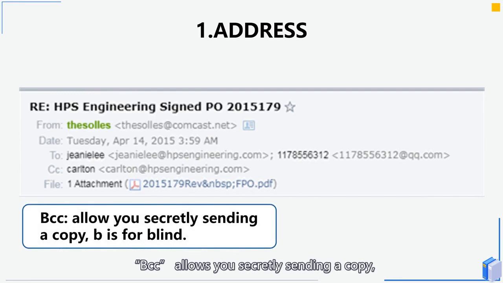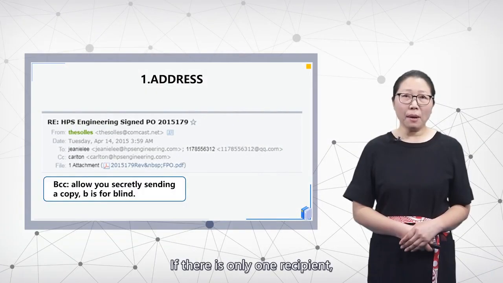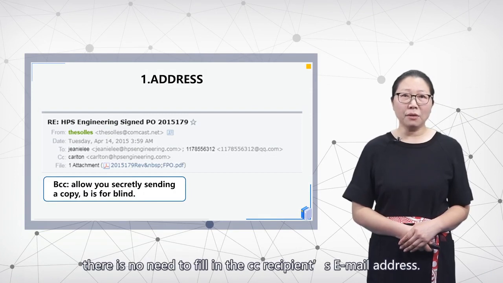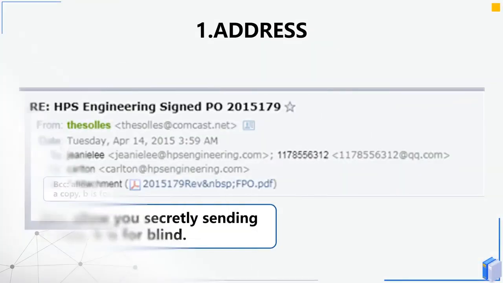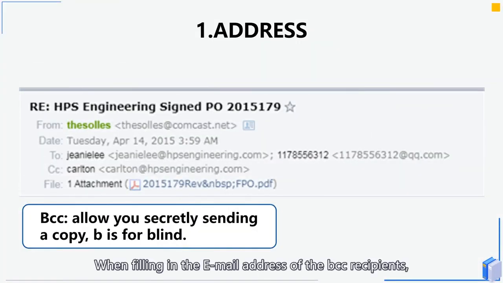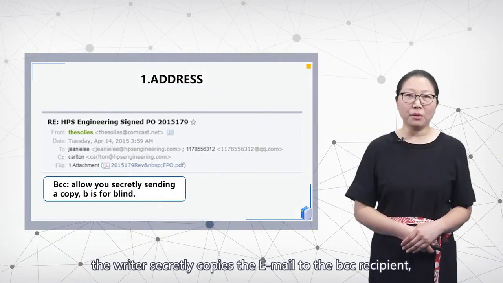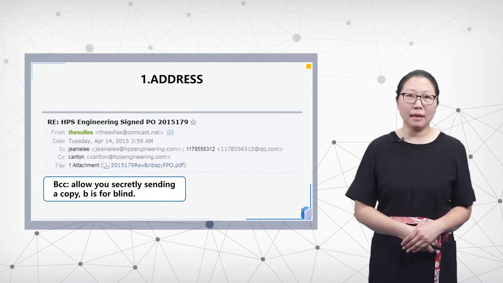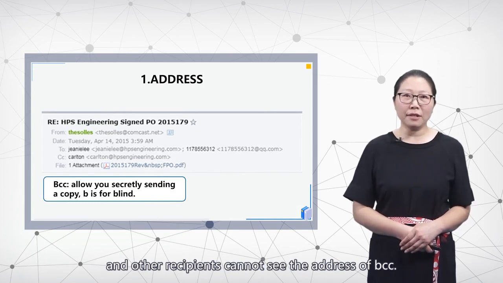BCC allows you to secretly send a copy, as B is an abbreviation for blind. If there is only one recipient, there is no need to fill in the CC recipient's email address. When filling in the email address of the BCC recipients, the writer secretly copies the email to the BCC recipient, and other recipients cannot see the address of BCC.